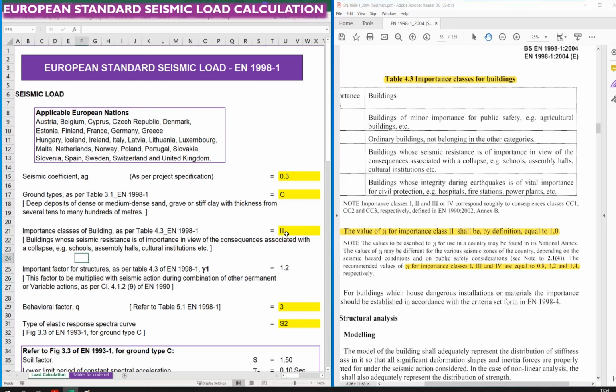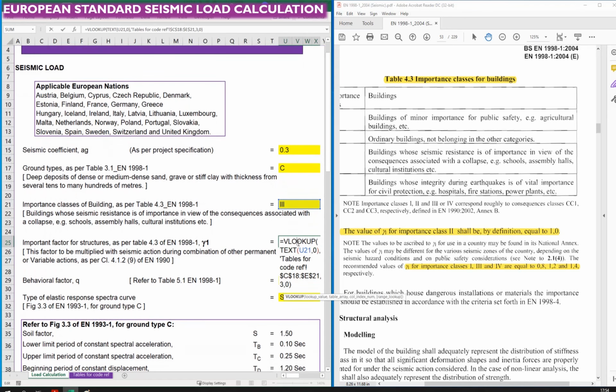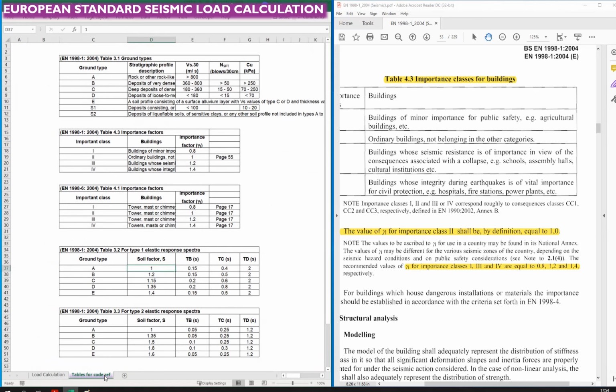So for our importance class III of building, I have a value of 1.2. I brought this value from a backup table which was created in line with the tables in the European standard EN 1998 Part 1.